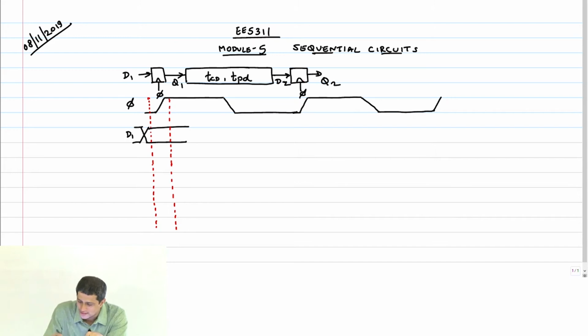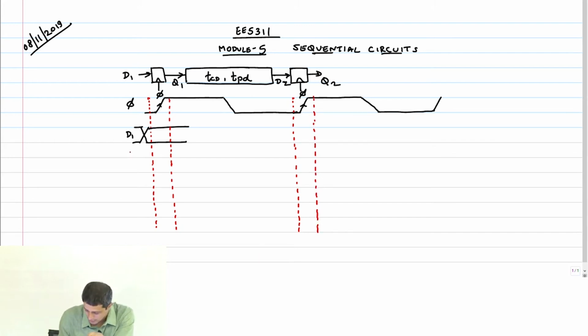Similarly, on the next rising edge, you have the same constraint. This is my setup time and this is my hold time. Now Q1 is going to change after the clock.